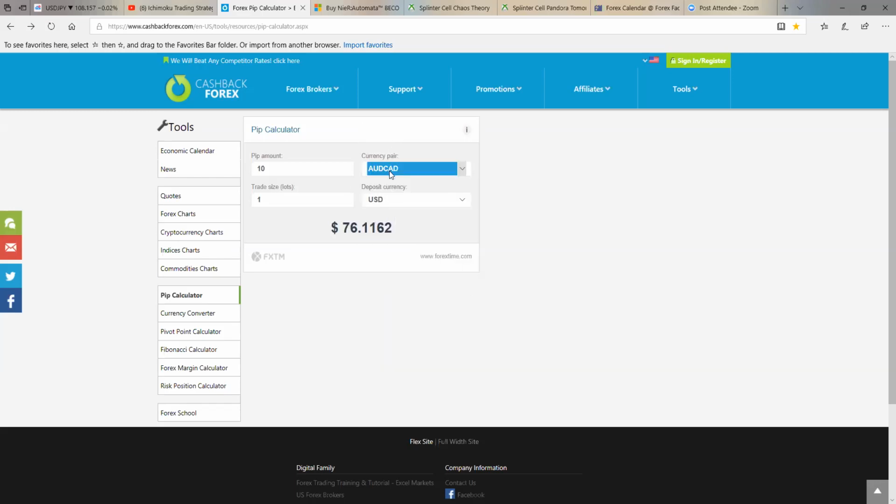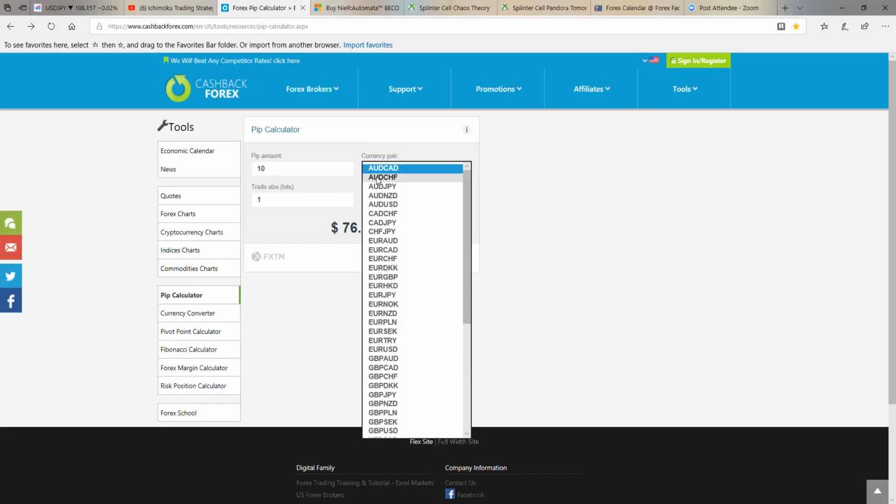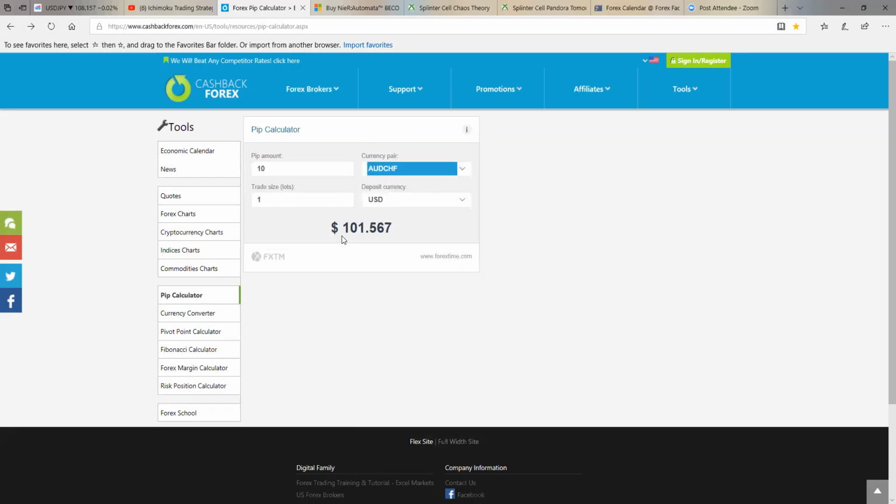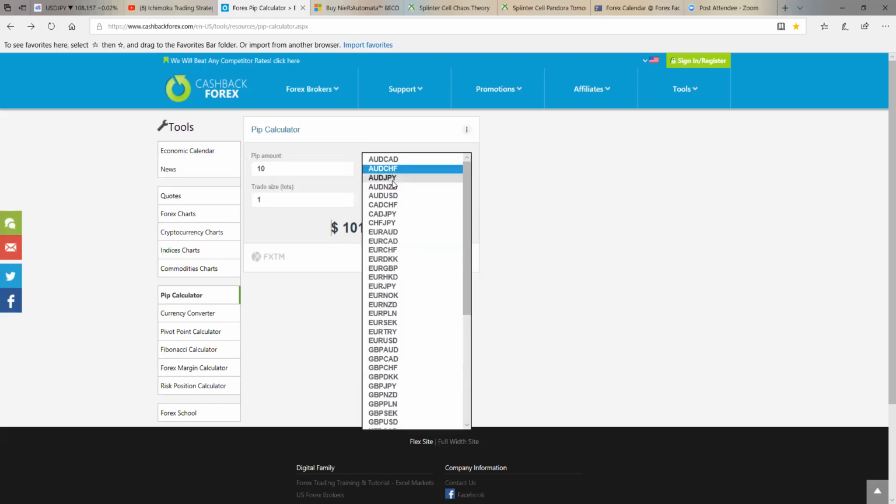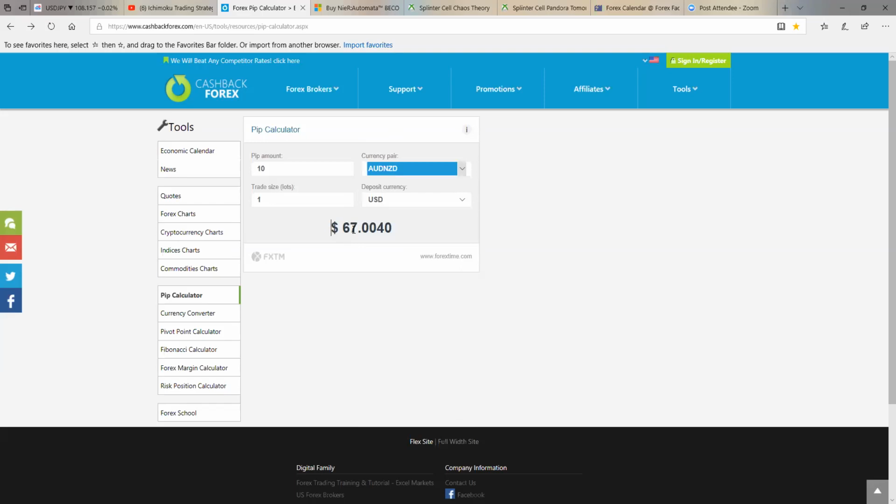So I stay away from Audi CAD. Australian versus the CHF, which is the Swiss franc economy, that pays a little more. That'll pay you $1,001. However, Australian dollar versus NZD, that'll only pay you $670. Wow.